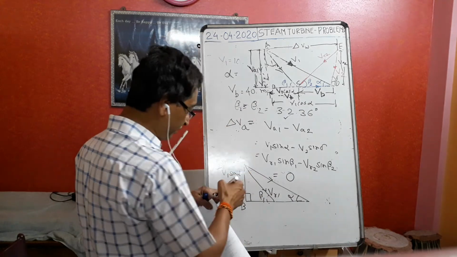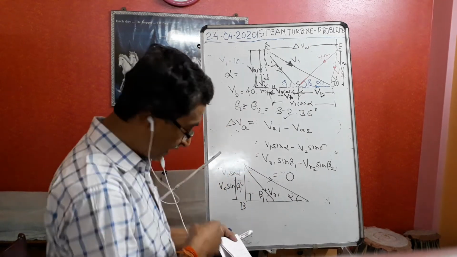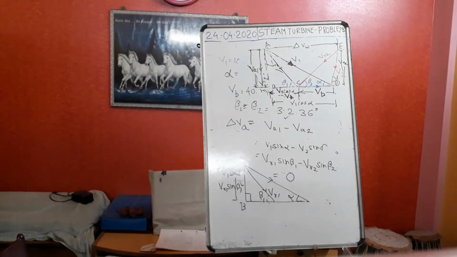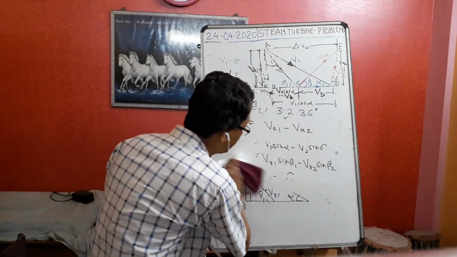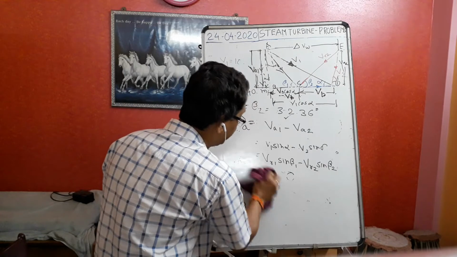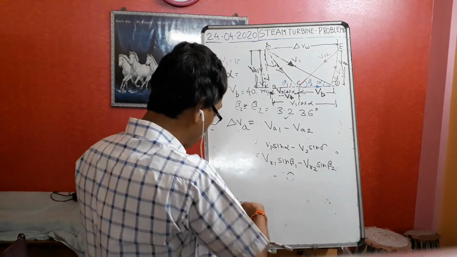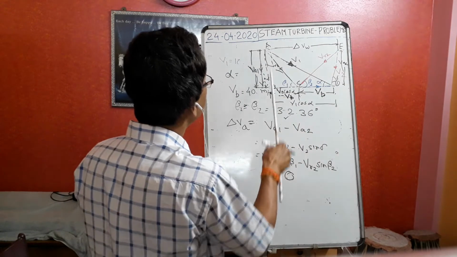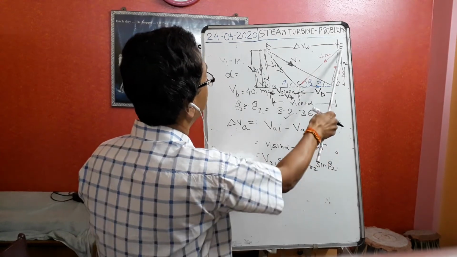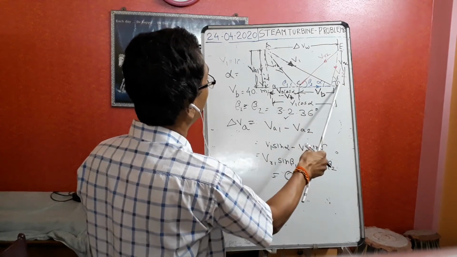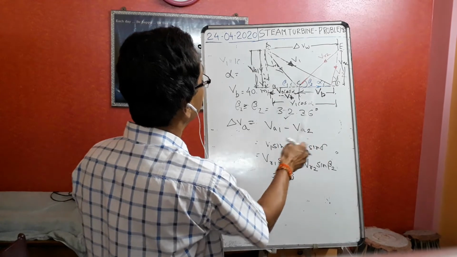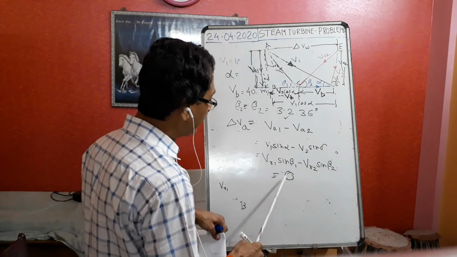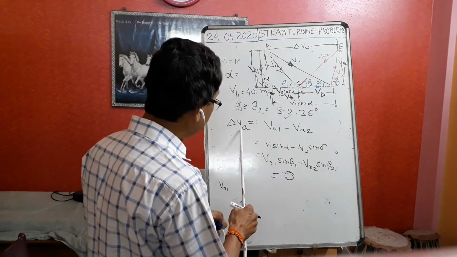So change in velocity in the axial direction equals 0. Why 0? Because this height and this height are the same. That is, VA1 and VA2 are the same. Why? Because there are no losses. VR1 and VR2 are the same. So that's why the axial change in velocity is 0.